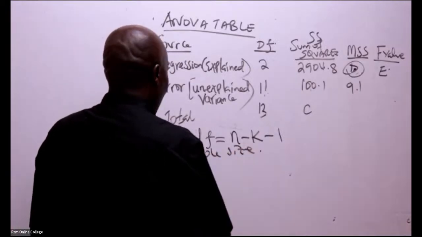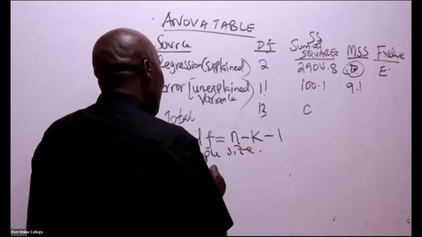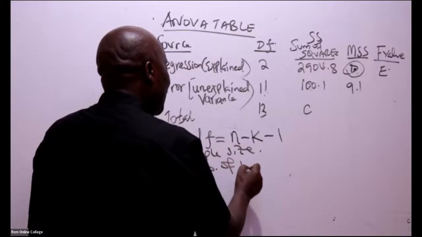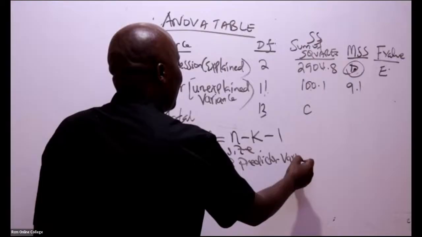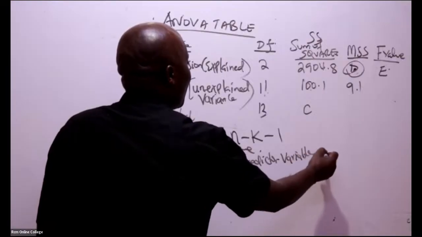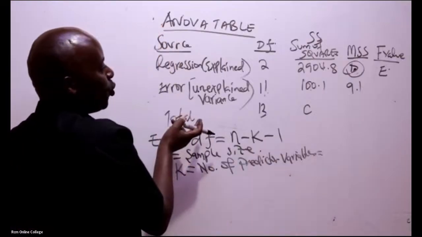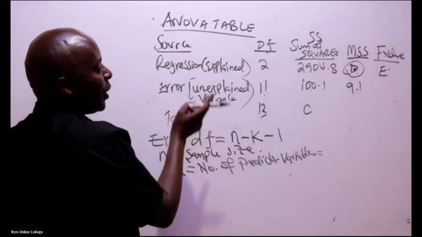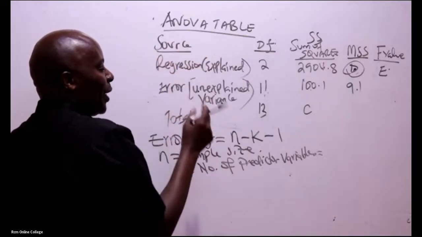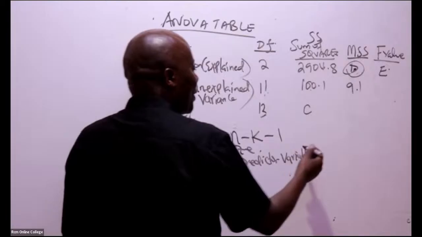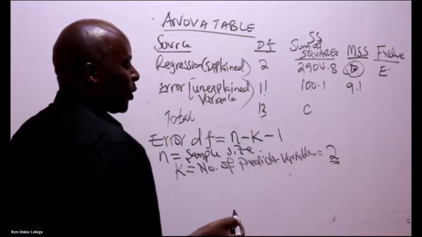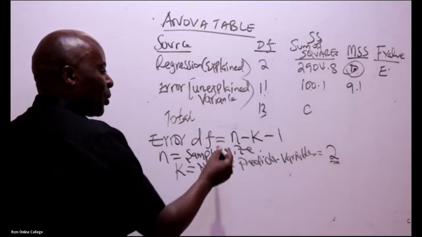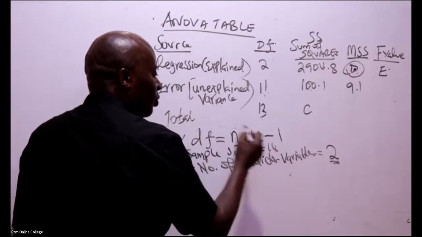Then we have k, the number of predictor variables. In our case, we had x1 and x2, so the number of predictor or independent variables was 2. And the sample size is 14.